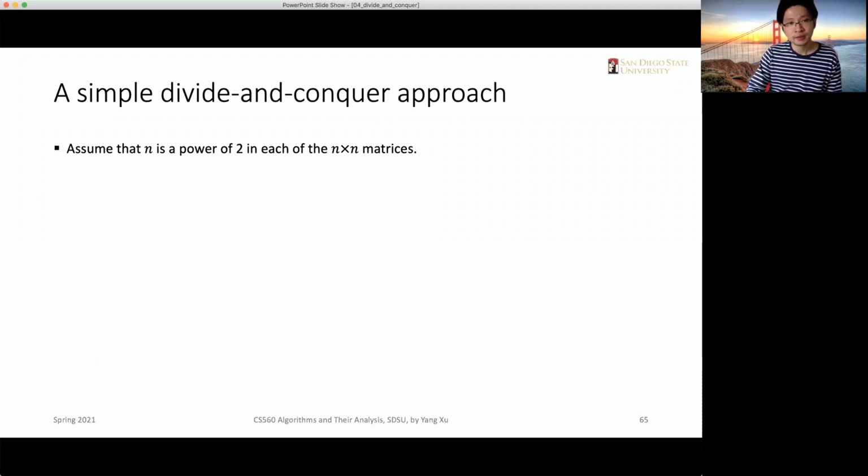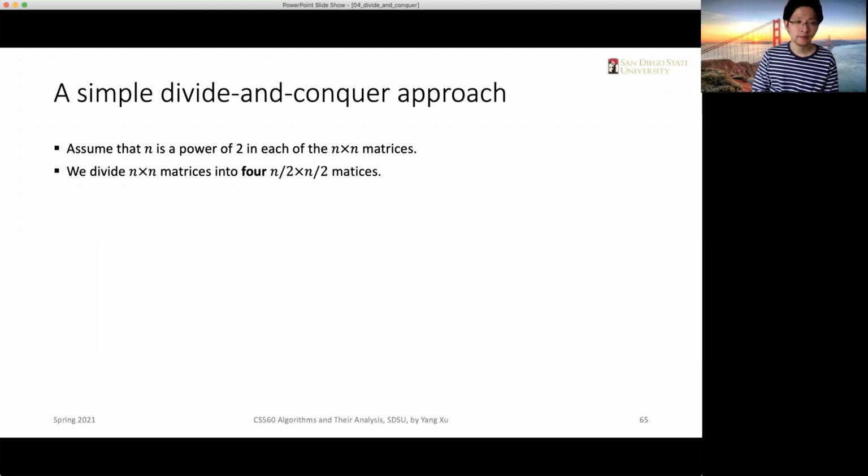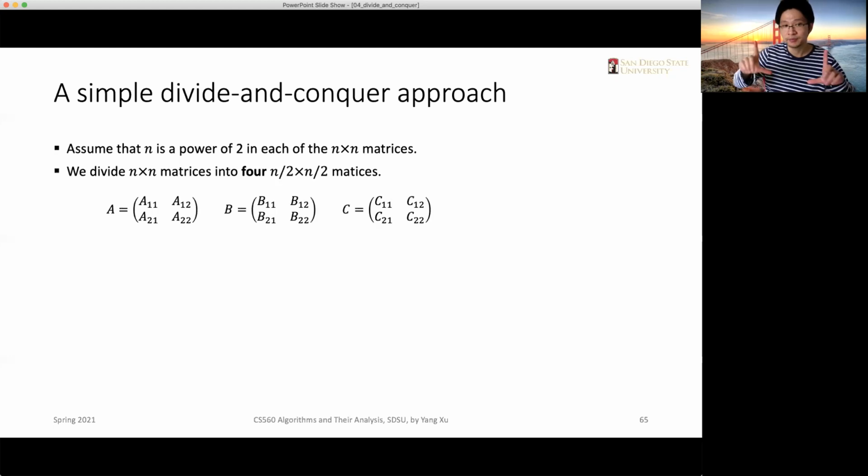With this assumption, we can divide the n by n input matrices into 4 submatrices, and each submatrix is in the shape of n/2 by n/2. What we did is place a cut horizontally and vertically to divide the matrix into 4 submatrices.